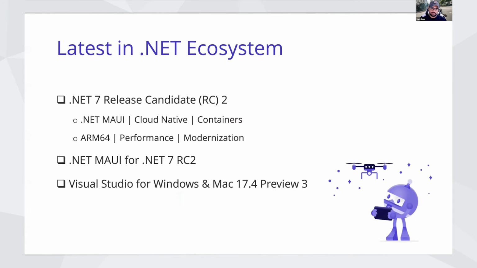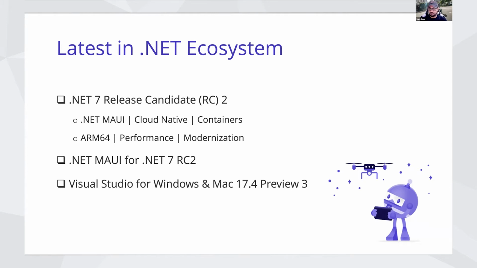I think the latest as we stand right now is .NET 7. It's almost ready. If you go get it right now, you're going to get RC2, Release Candidate 2. They had like 7 or so previews and then the 2 release candidates, and then it ships, like I said, next week. A lot of emphasis on .NET MAUI, containerization, ARM64 support, performance optimization, a lot of things.